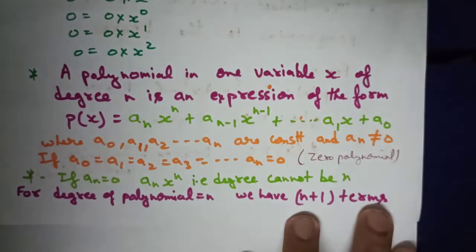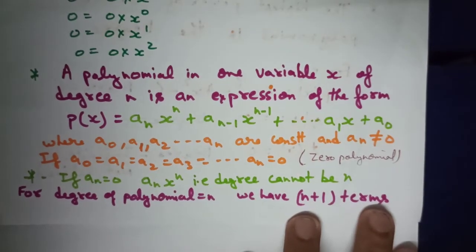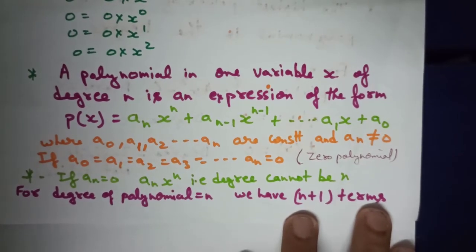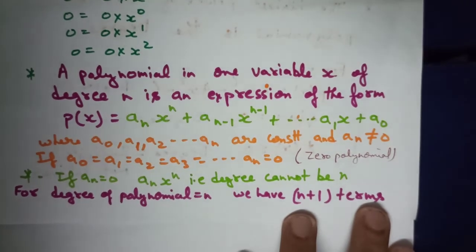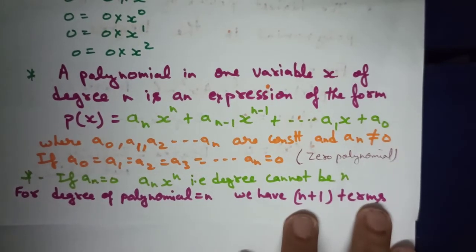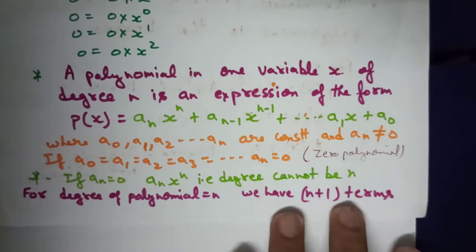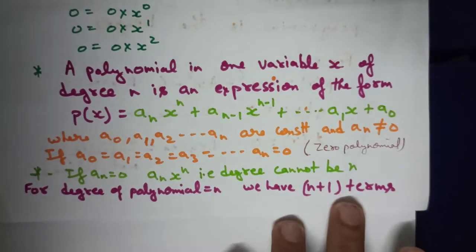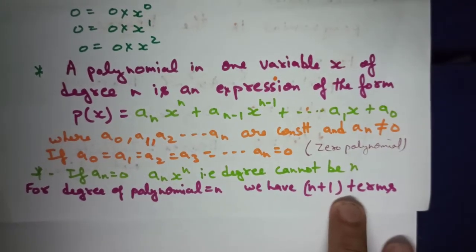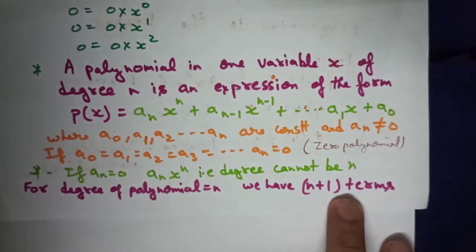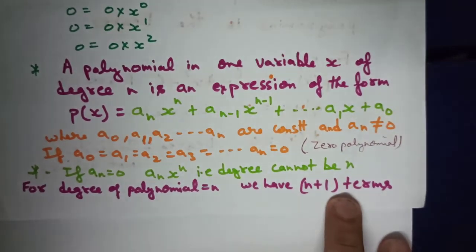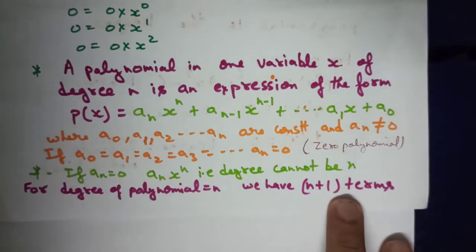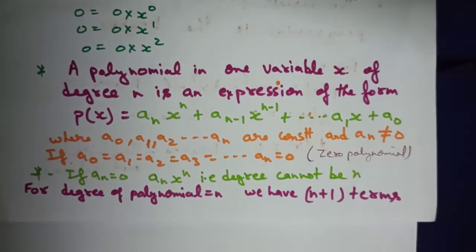How many terms can it have? It has 2x square, one term, 3x, second term, and 4, third term. So in a polynomial of degree n, we can have at most n plus 1 terms. However, we can also have fewer than n plus 1 terms.